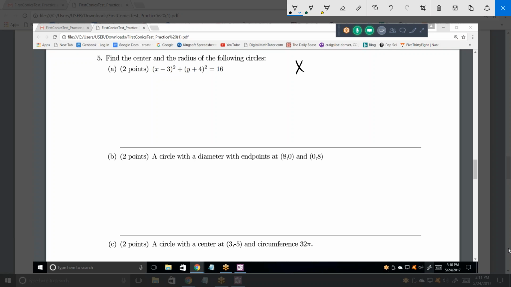I'll get you started. (x minus h) squared plus (y minus k) squared equals the radius squared.